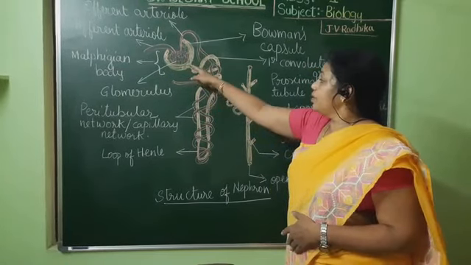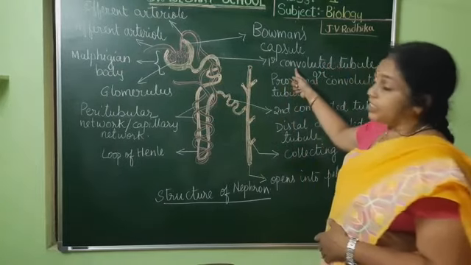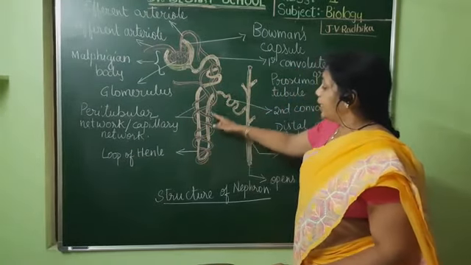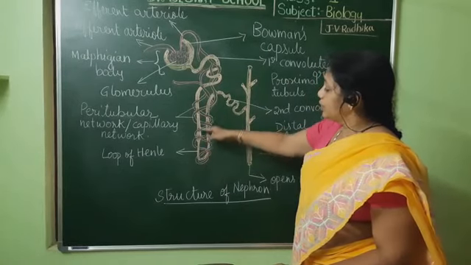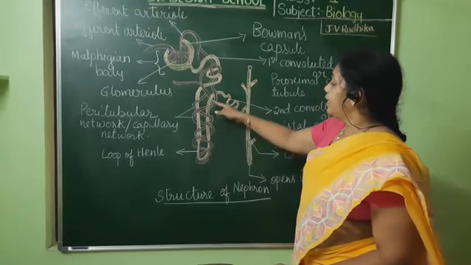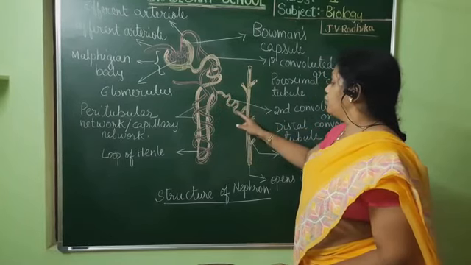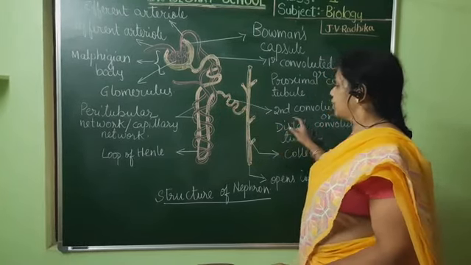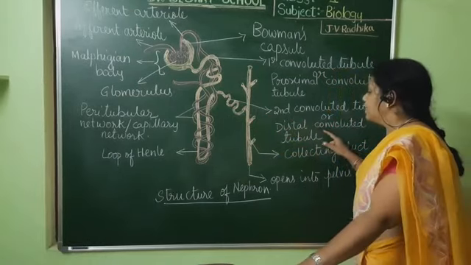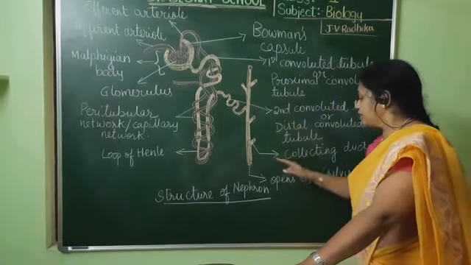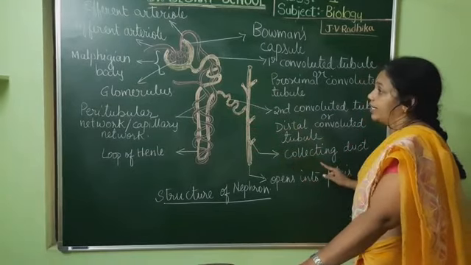The first part of the tubule is the PCT. Then it forms a hairpin-like structure, the loop of Henle. Then it undergoes many foldings, the distal convoluted tubule, which joins the long collecting duct.